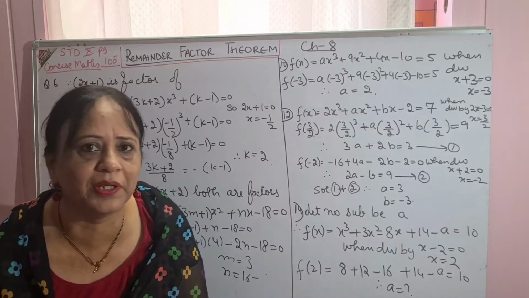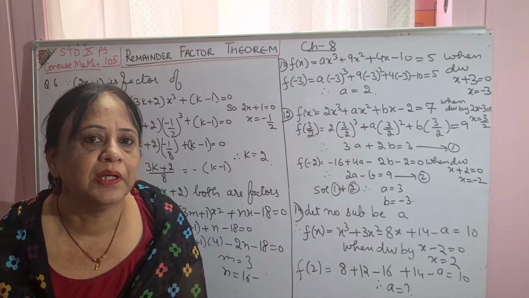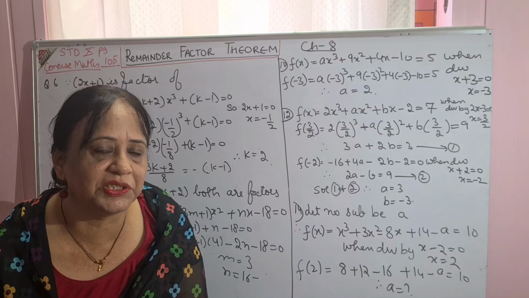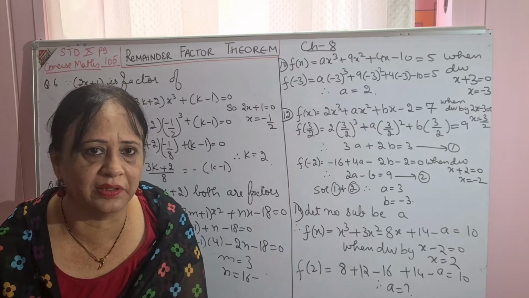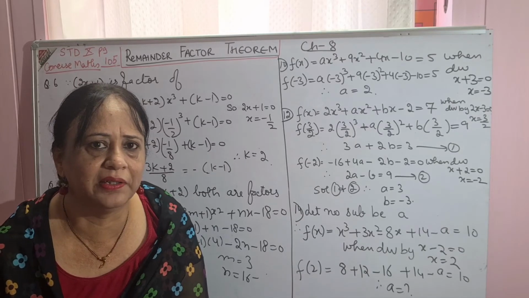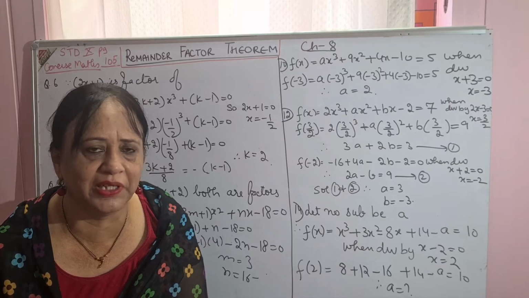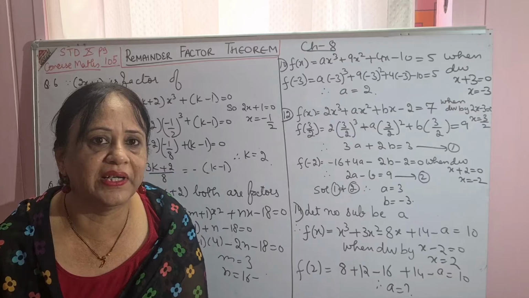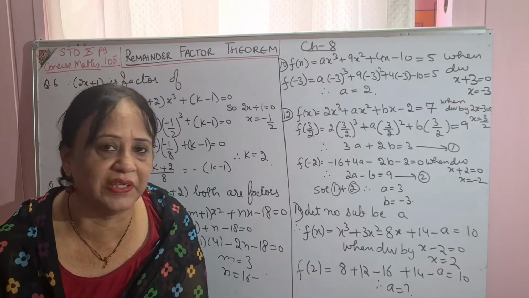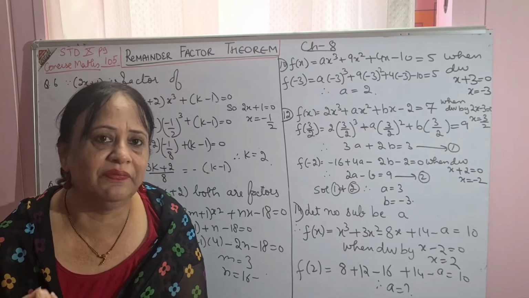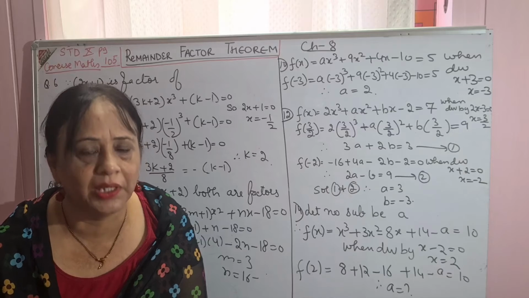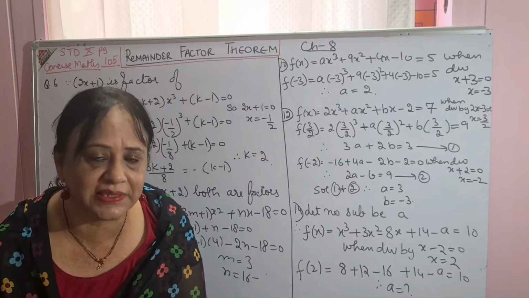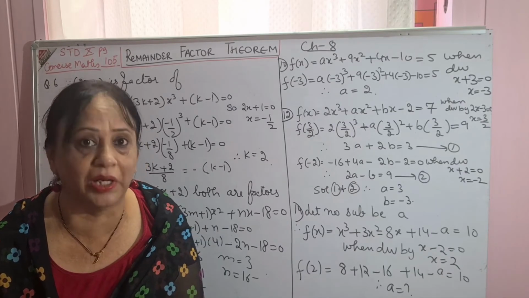Now what is a polynomial? A polynomial is an equation, in different variables or in one variable, in which the highest degree can go above 3. If it is 1, that is linear. If it is 2, then it is quadratic. If it is 3, then it is cubic. But from 3 itself we start calling them polynomials.